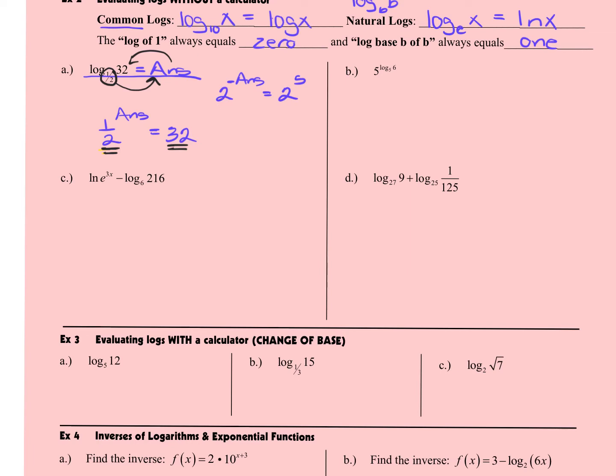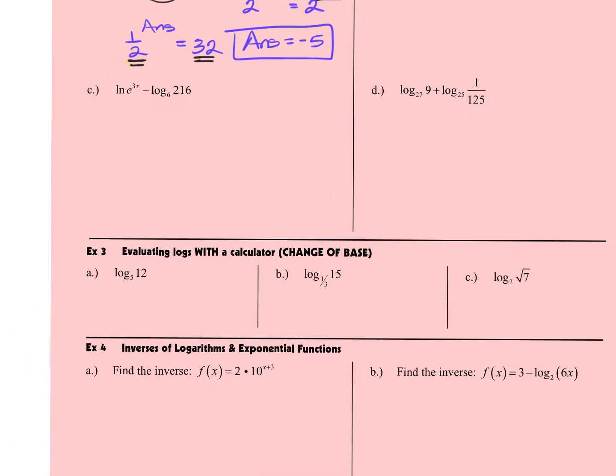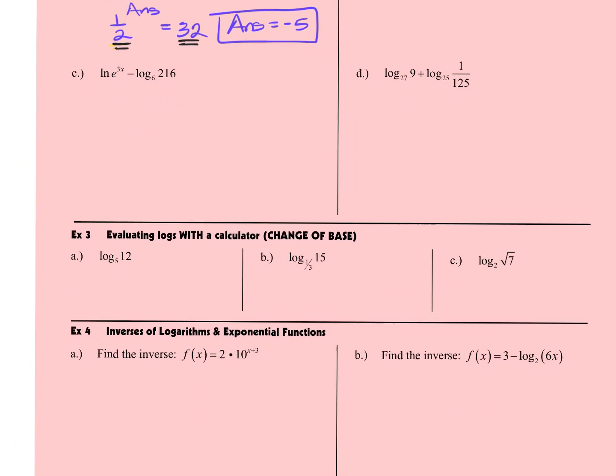And if it's the same and it's an equation, then our exponents had to actually equal each other. So we can now see that a negative answer equals 5. So our answer is actually a negative 5. Now we're going to do a lot more with this, so don't worry too much if that seems a little bit confusing. I just want you to have something that you can go back and reference.